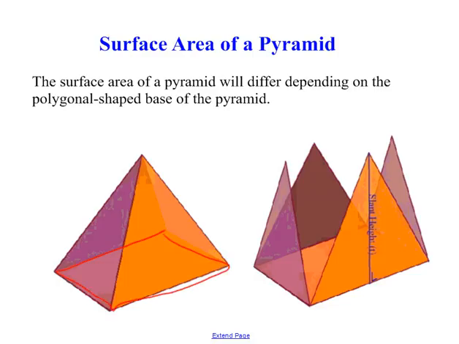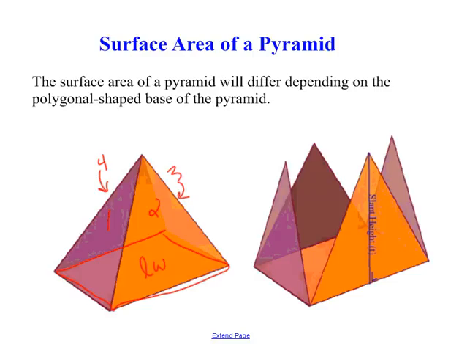So in order to find the surface area of this pyramid, you would have to find the area of the base, which we know is length times width, and you would have to find the area of all four triangular sides, or triangular faces we call them.